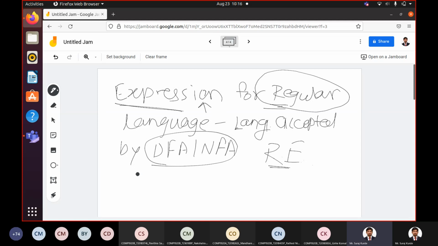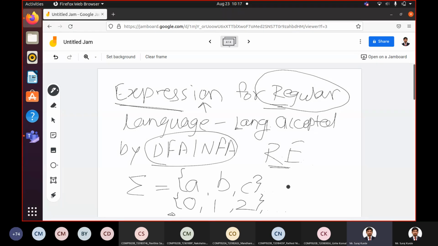How to write it? In a regular expression, we use input alphabets. It may be a, b, c, and so on, or it may be 0, 1, 2, and so on, whatever the input is. So a set of inputs is used.